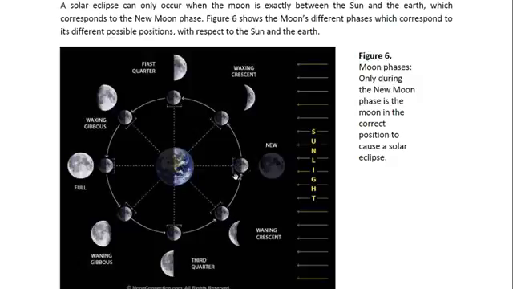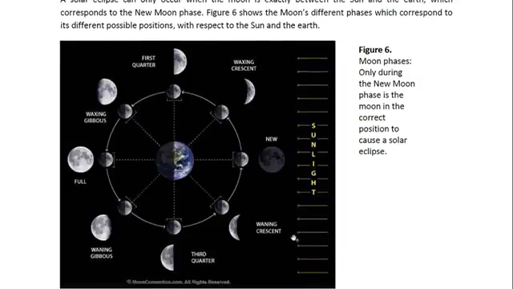In other words, even if we were not getting a total eclipse, that would be one of the nights when we would not see the moon at all, because we're looking at it without seeing any sunlight being reflected from its surface. All the sunlight is reflected back towards the sun. So this is the new moon phase. We can see we have other phases, but the moon has to be in this phase for us to get an eclipse.